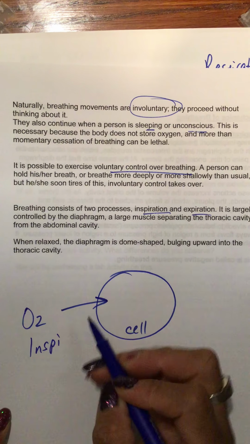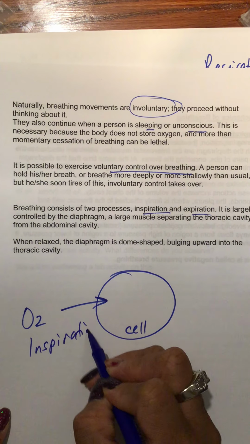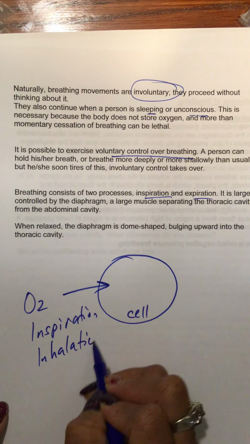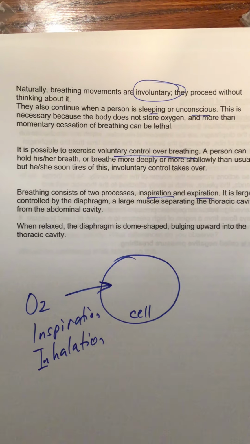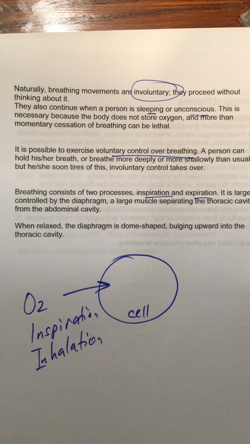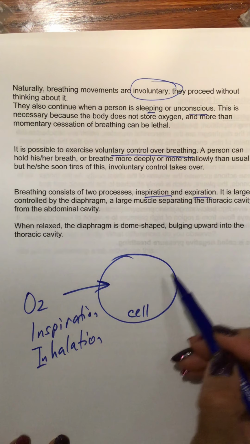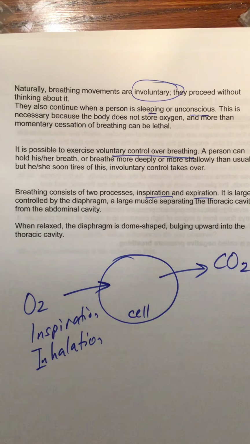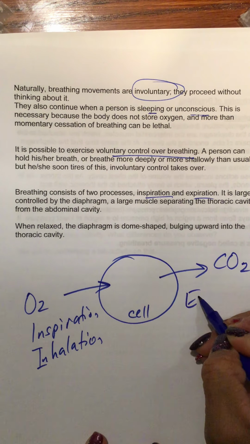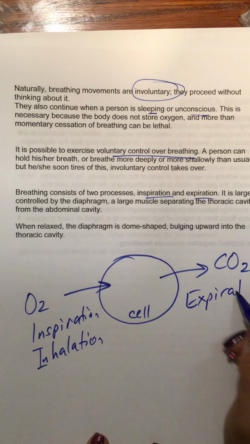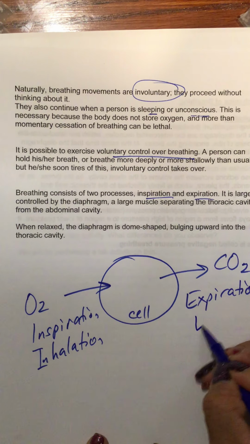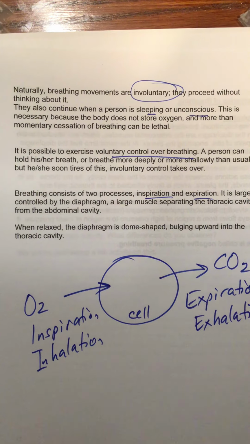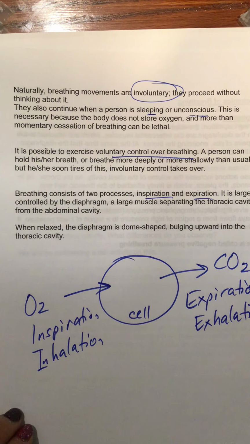Inspiration is also the same as inhalation, although inhalation is really the process of breathing in from the external environment and into the lungs. And of course, the CO2 would be the expiration, and this is done in the process of exhalation, breathing out.